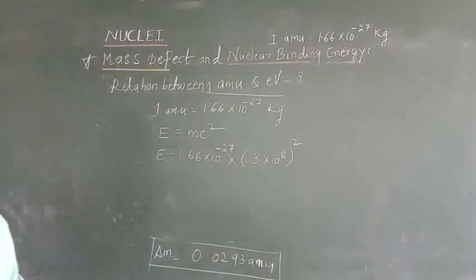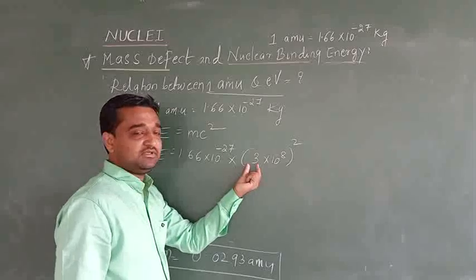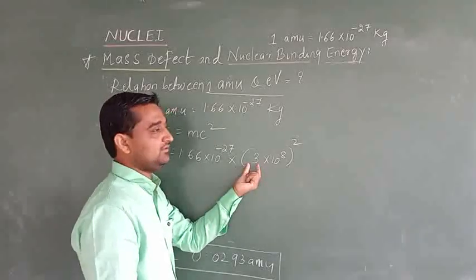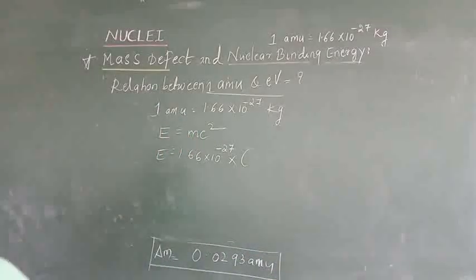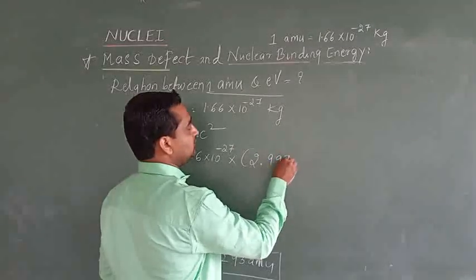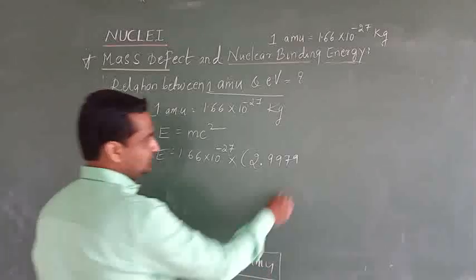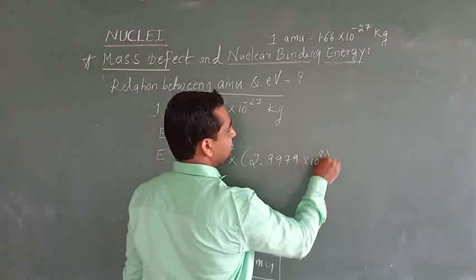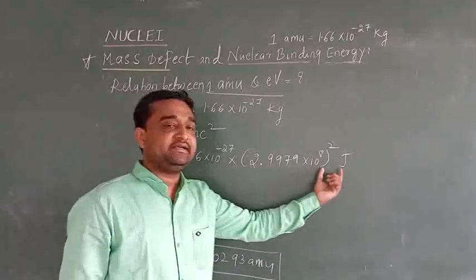We have rounded the velocity of light to 3, but its exact value is 2.9979 into 10 to the power 8, square.